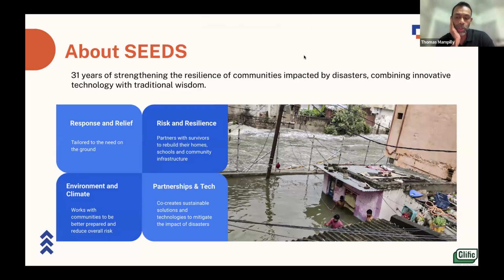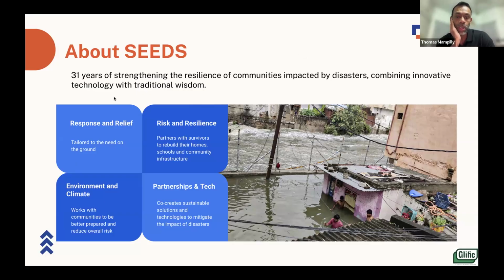And they work with communities to enhance their resilience to disasters and especially climate impacted disasters, the frequency of which is growing year on year, and with it, the intensity of these disaster events are also growing. In fact, just in India alone, 300 million people plus, or 30 crore plus people, are in the path of disaster right now as we speak.